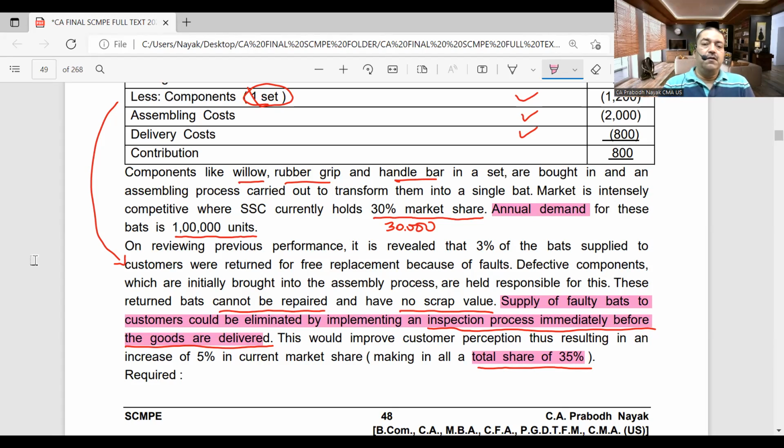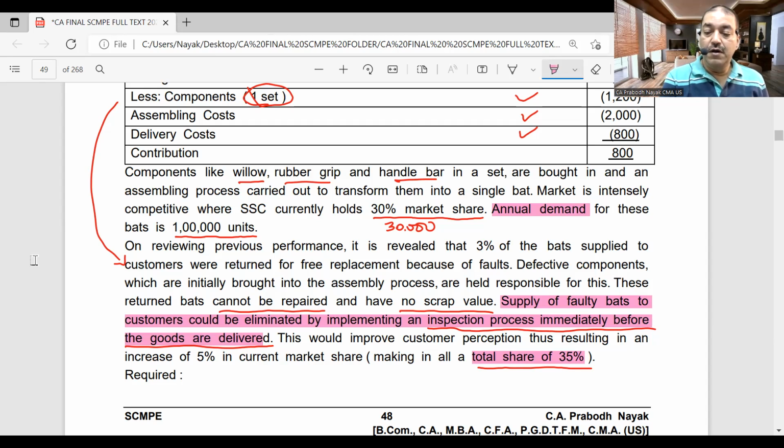It means that customers are not going to get defective bags. I'm not saying that I am not going to manufacture defective bags or my production will not have defective bags. Production will have the defect continued because the defect is coming on account of what? The components which are bought. It is not my fault.